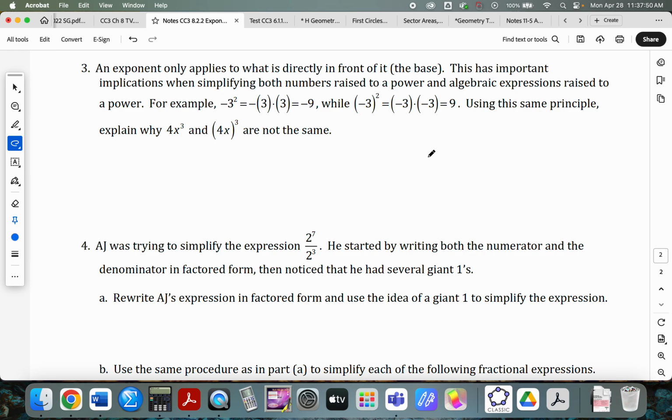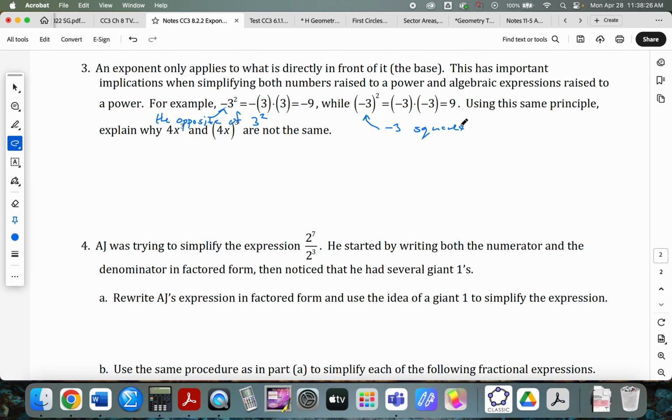So it's important to notice that -3 squared, or really, it may be best to read this as, instead of -3 squared, say the opposite of 3 squared. Whereas this would be (-3) squared. Do you see the difference?